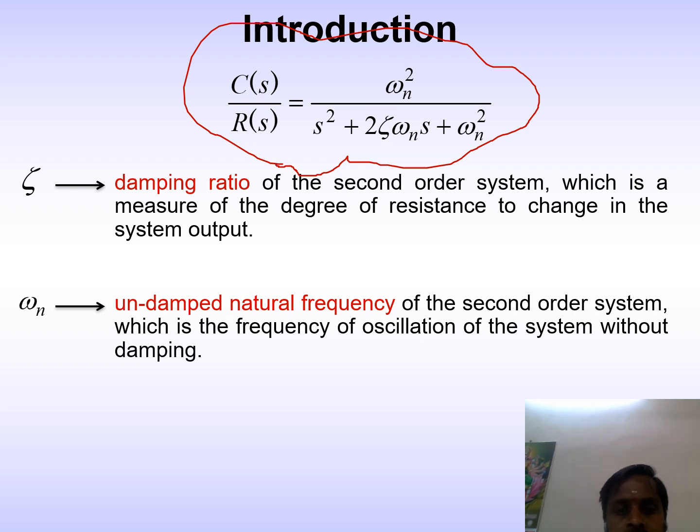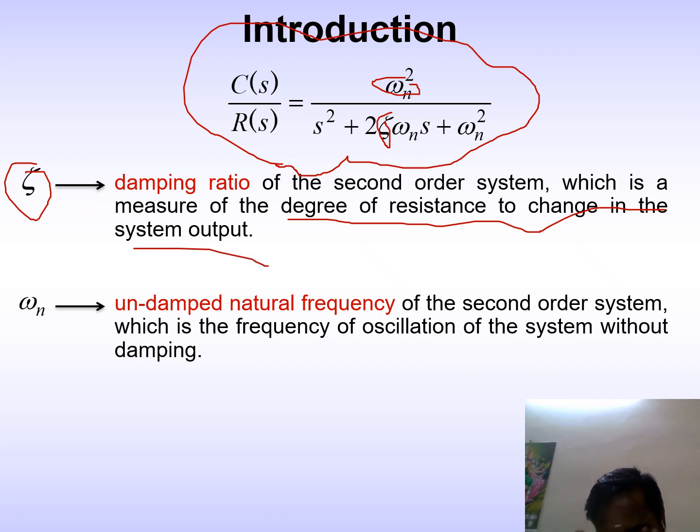In here, two parameters are there. One is omega n and another one is zeta. Okay. So zeta is nothing but the damping ratio, which is a measure of the degree of resistance to change in the system. Okay.